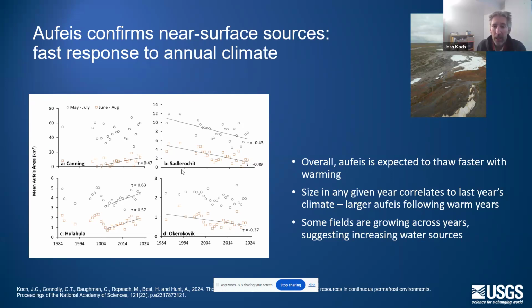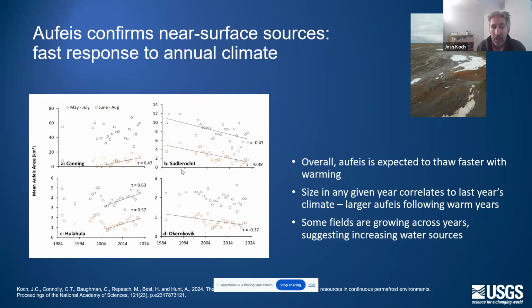We were able to show that this aufeis size correlates to conditions from the previous years in many cases, where a warmer winter or a larger snow or rainfall year can result in larger aufeis the following year, implying that there's some amount of storage and transmission of this water on rapid timescales or annual timescales.